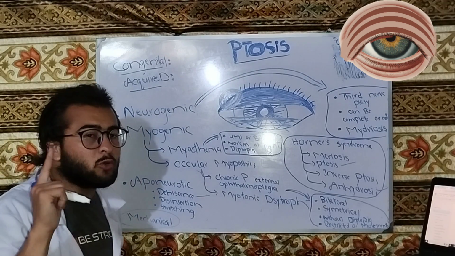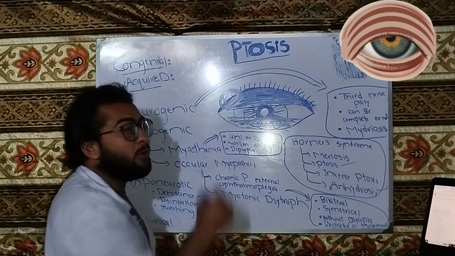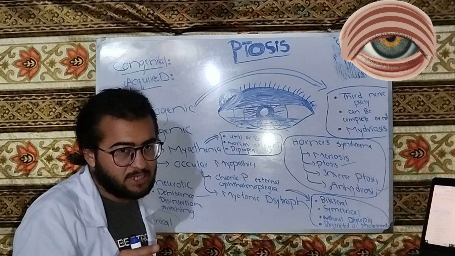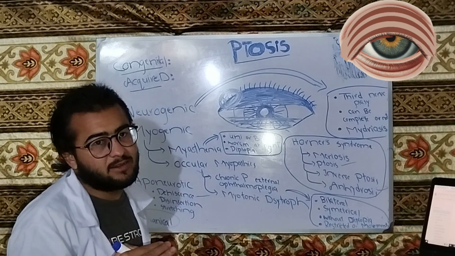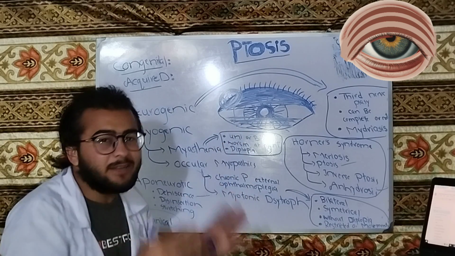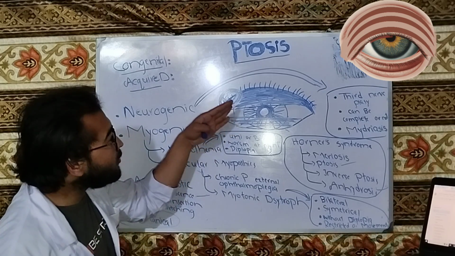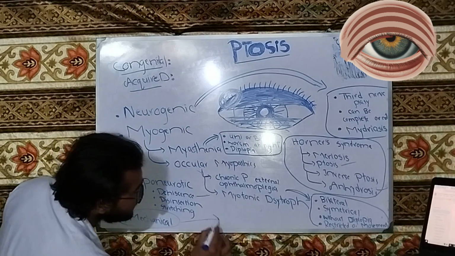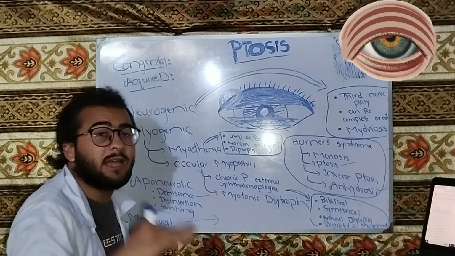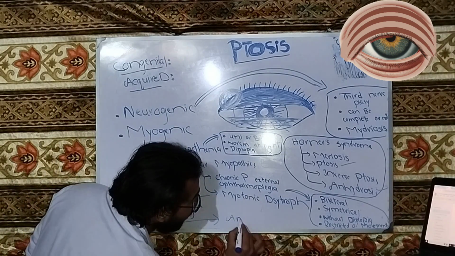This is the mechanical type of ptosis. Remember, there is one important point in the mechanical type of ptosis. If these conditions develop before 9 years of age, if the child is below 9 years, and we are not able to treat them promptly and timely, what will happen? The mechanical ptosis can cause amblyopia.